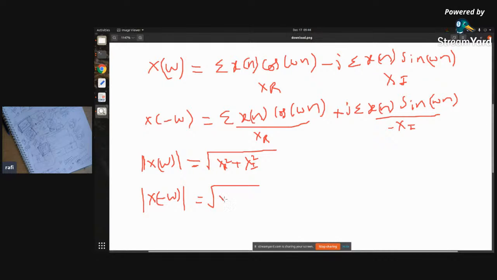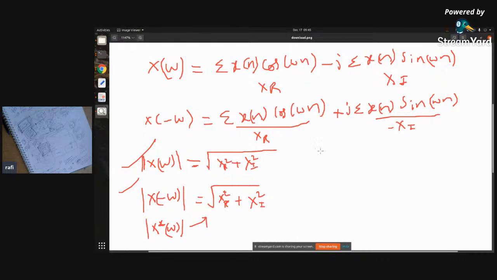So this is xr square plus minus xi whole square, which is xi square only. So the magnitudes are the same here. This is nothing but the magnitude of x star of omega also, from the property we just saw.